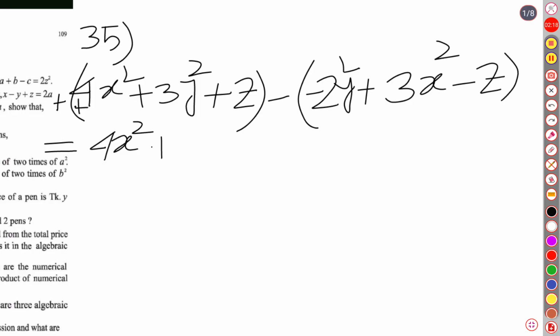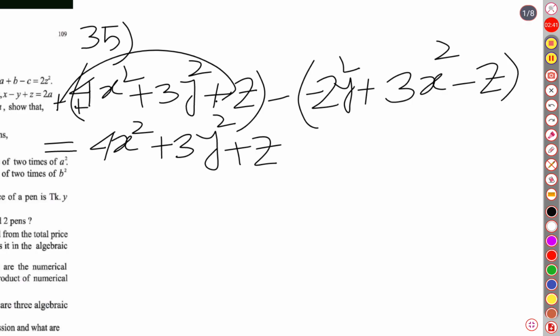Then it's about 3. In front of 3 there is a plus symbol, and outside the bracket also there is a plus symbol. So it will be plus 3y square. Let's talk about z. In front of z there is a positive symbol, outside the bracket also there is a positive symbol. So the symbols are same, that's why it will be positive.